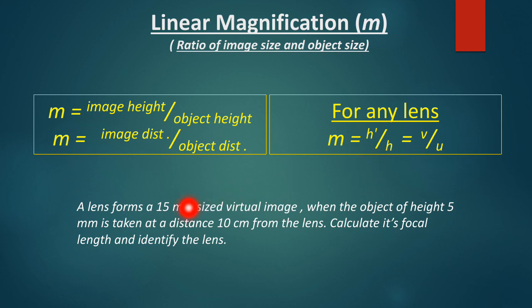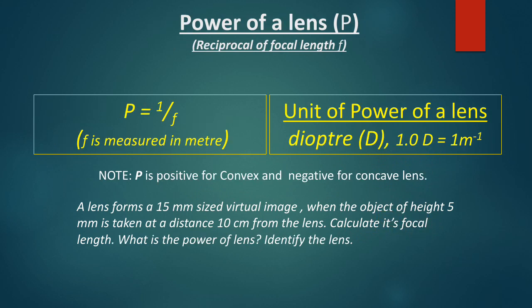So 5 by 15 we'll put, and here we'll put the object distance, we have 10, so we can get the value of v, and it is a virtual image, so it will be negative. Then after we will calculate the focal length by using the lens formula. And also we can identify the lens by predicting what the sign of the focal length is, whether it is positive or negative.